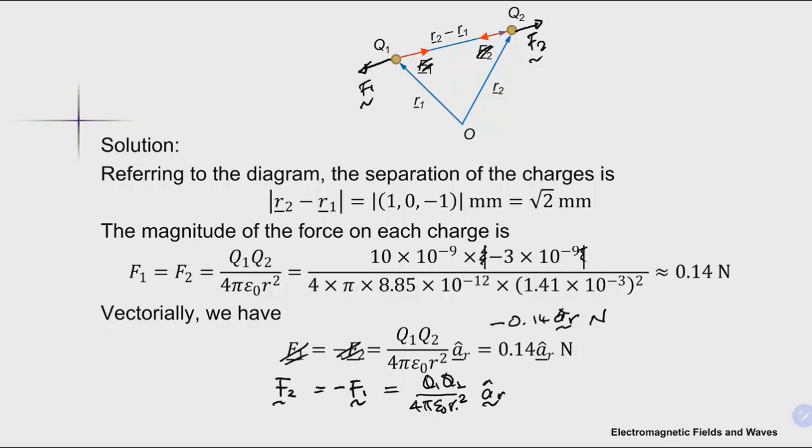Okay, then now you can put in the values of Q1 and Q2 exactly with the sign as well. So that will work out to be equal to minus 0.14 unit vector R.